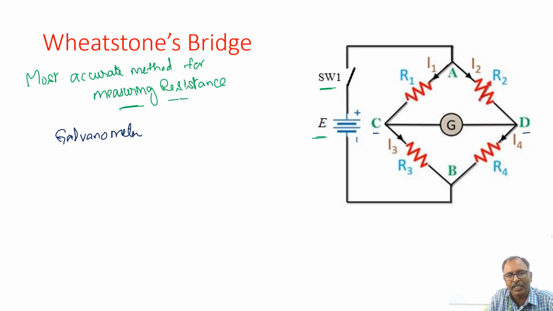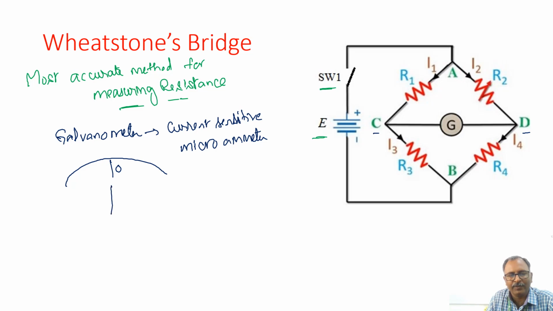A galvanometer is a current sensitive microammeter which is going to have a zero center scale. At the center there will be zero scale, and whenever there is no current flow through the galvanometer, the pointer will come to rest in vertically upward direction.